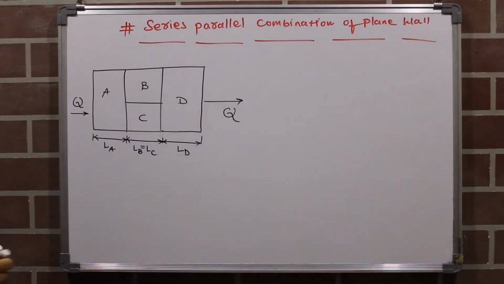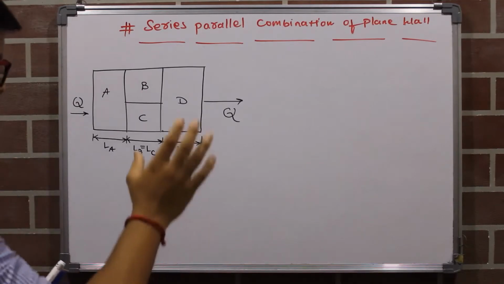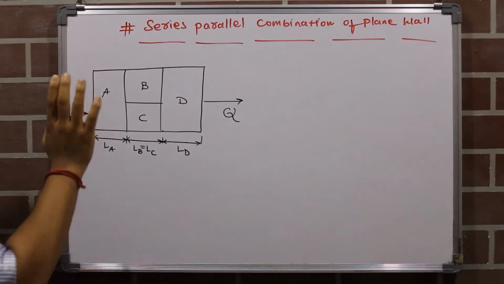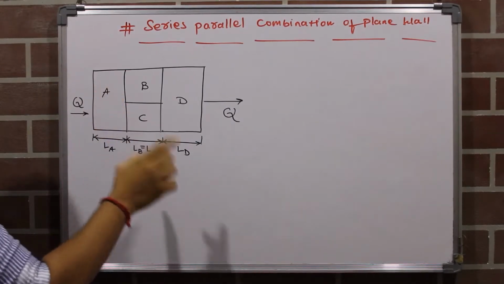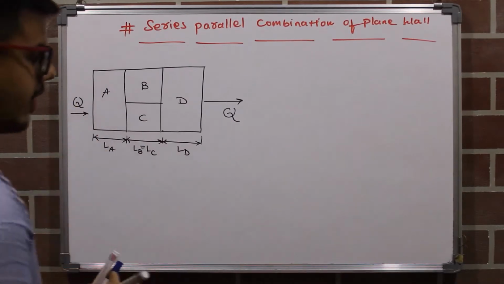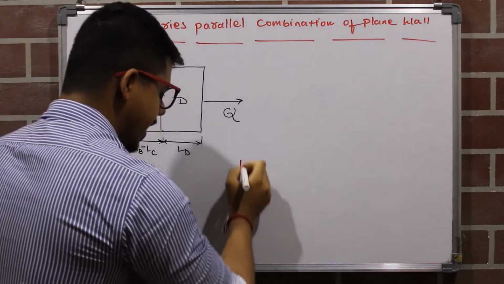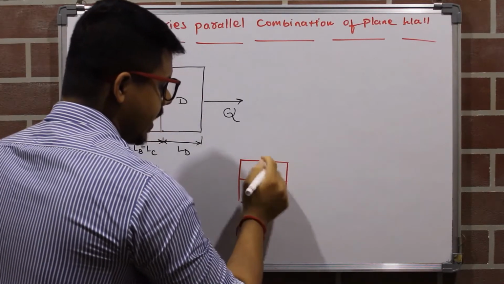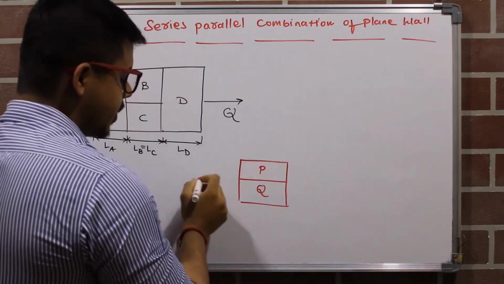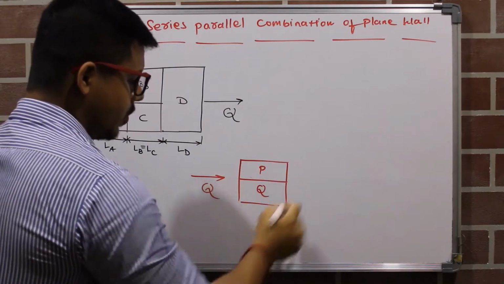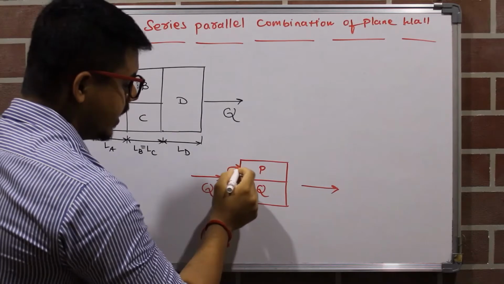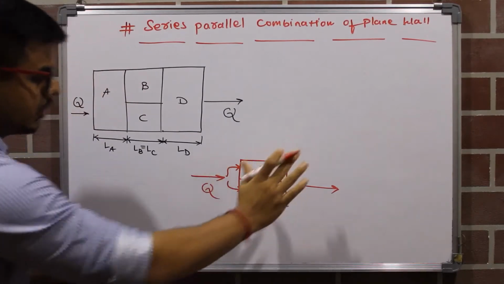Now how will we know whether the walls are connected in series or in parallel? That depends on the direction of heat flow. Remember, whether walls are connected in series or parallel depends on the direction of heat flow. For example, if we have 2 walls, let's say wall P and wall Q, and suppose the heat Q is flowing in this direction, then you can see the heat has to divide into 2 parts to conduct through these walls.